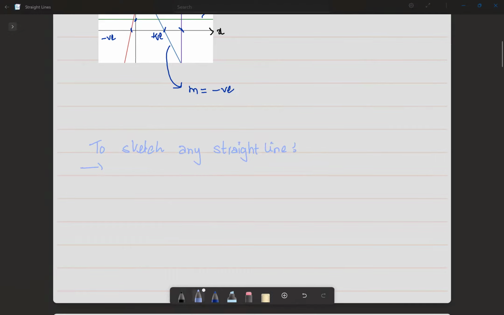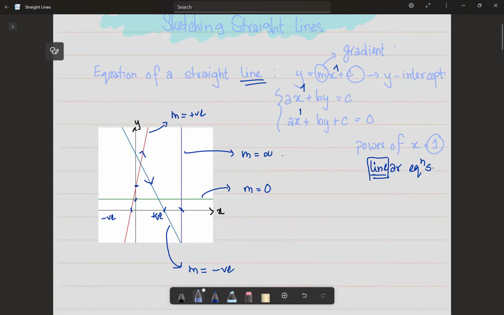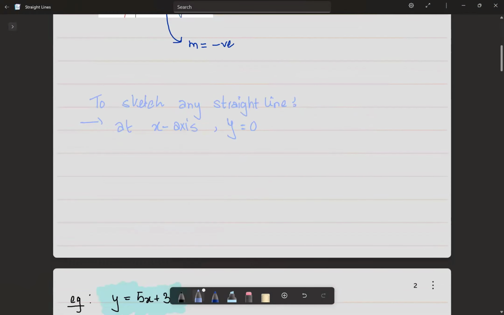So for any point on the x-axis, we have y equal to 0, so we will replace y with 0 in the equations. From there, we will be able to find the point on the x-axis. Similarly, on the y-axis, we will have x equal to 0 and we will get the value for y.